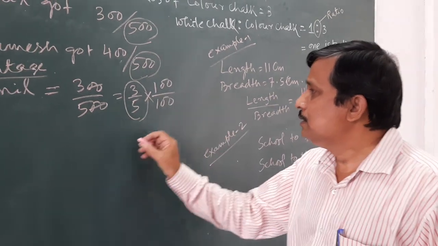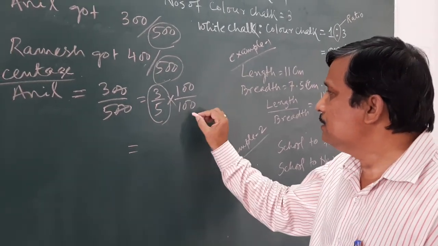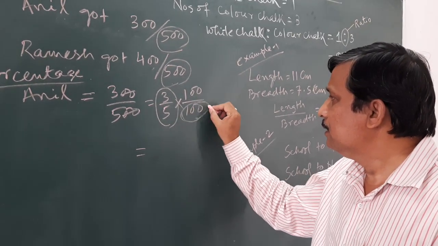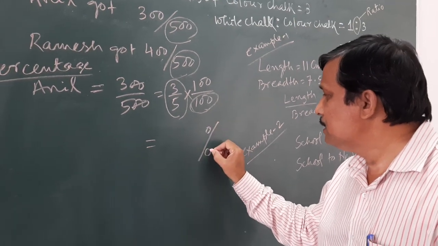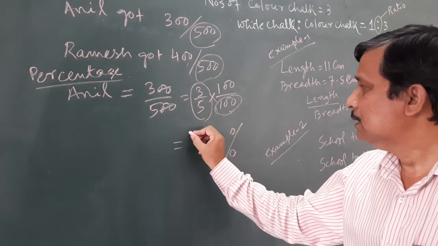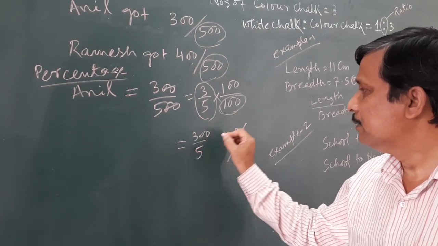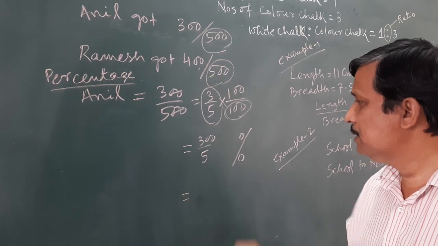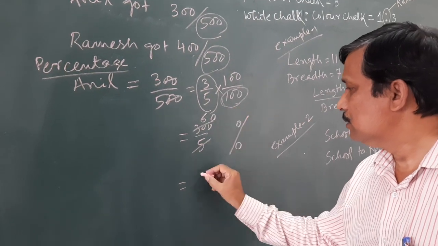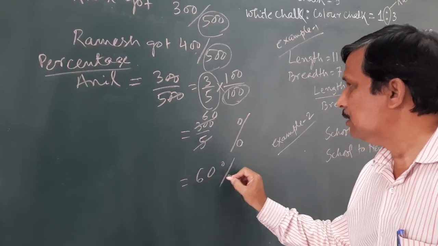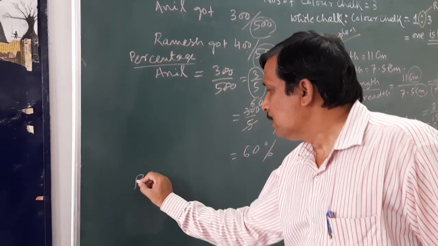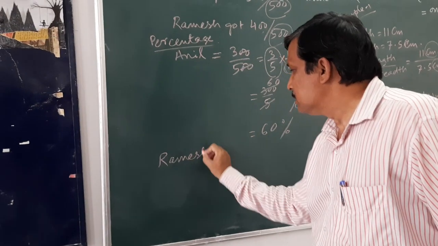Here you see, this 100 is giving your percentage symbol. That is in the denominator, not in the numerator. Now this value is 300 by 5. If you simplify this, 5 sixes are 30, then 60%. So Anil got 60%.